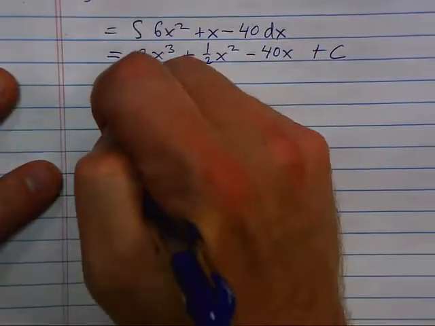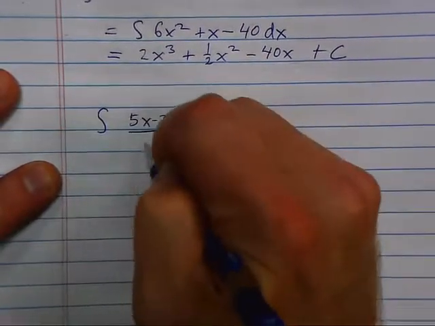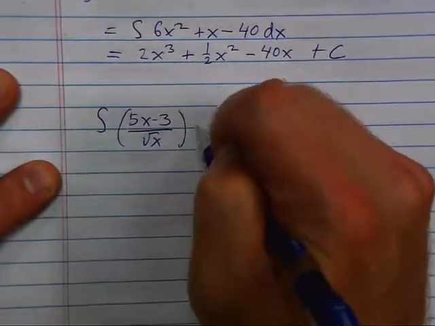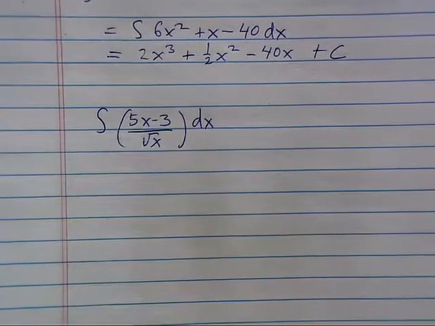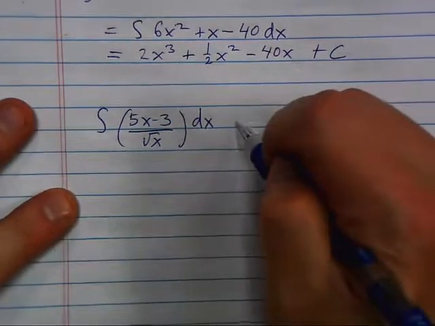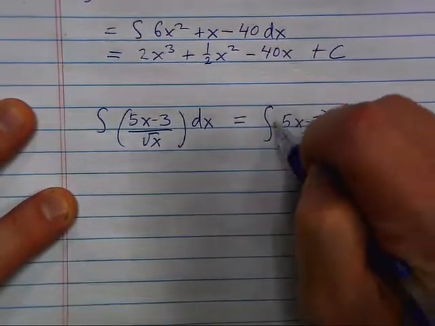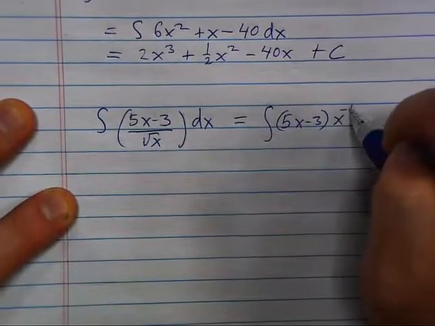Okay. How about the antiderivative of 5x minus 3 divided by square root of x? How would you find it? Absolutely. We do not have a quotient rule. So what you have to do is get rid of the division.